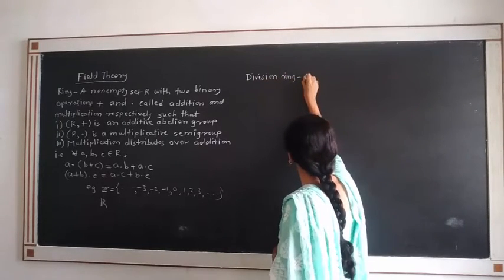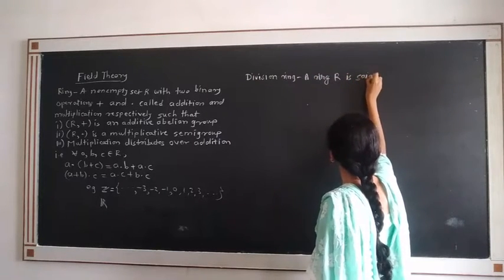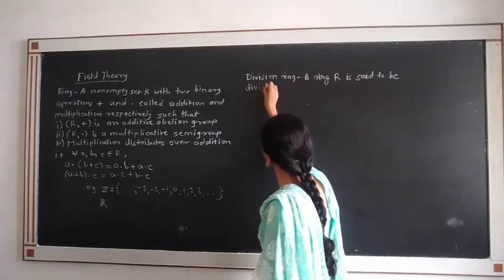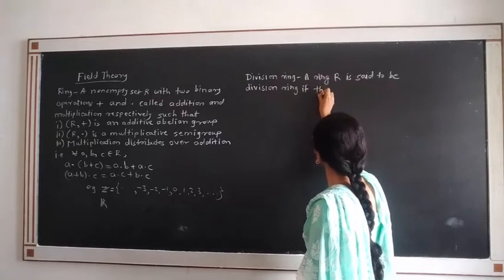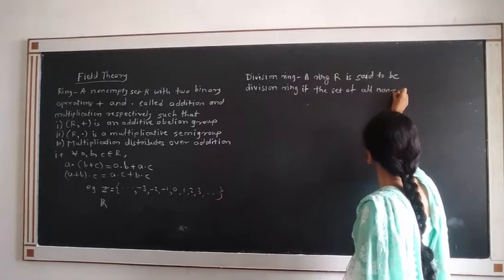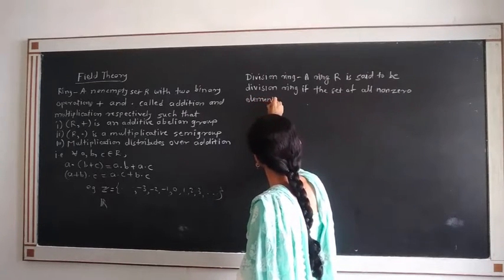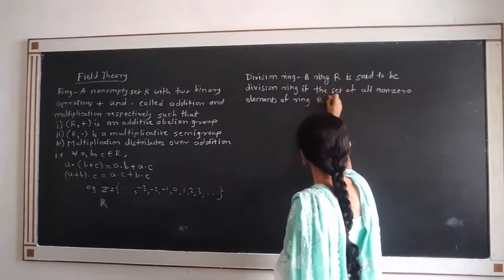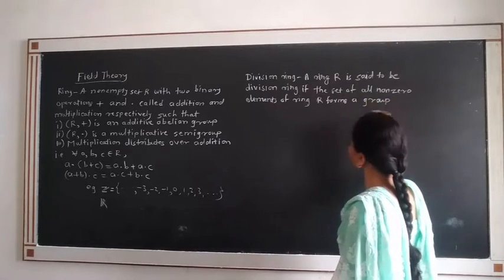A ring R is said to be a division ring if the set of all non-zero elements of ring R forms a group with respect to multiplication.